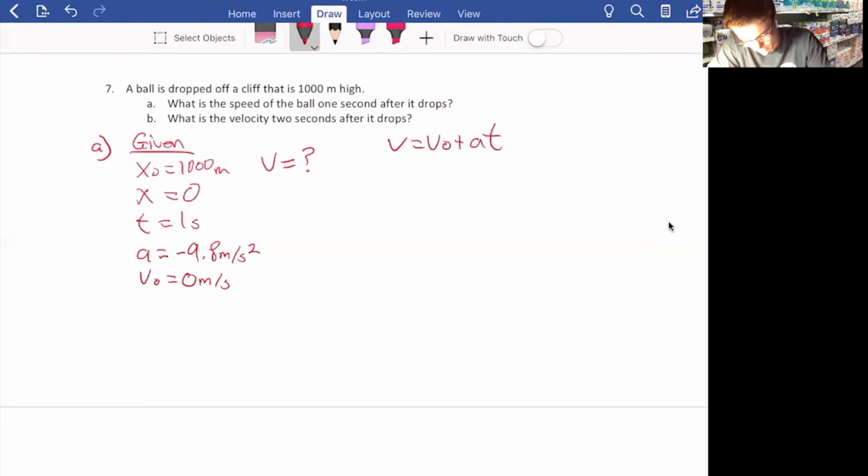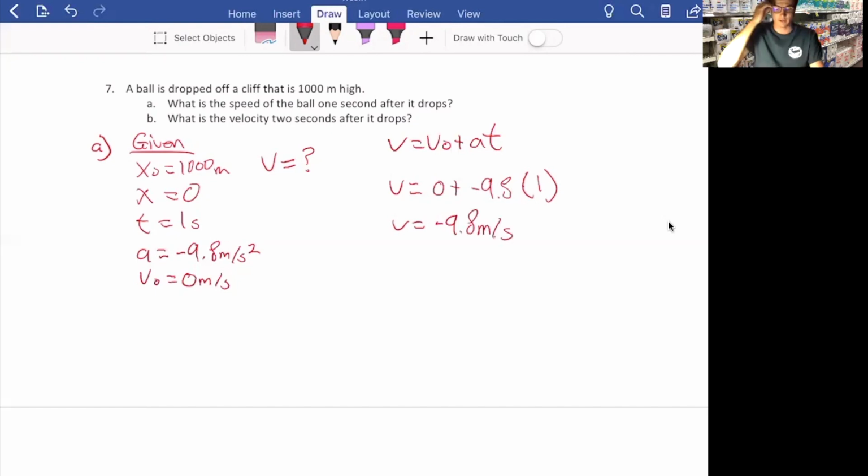When we plug in our numbers, v equals v naught, which is 0, plus acceleration, negative 9.8, times the time, which we do know, 1 second. So the velocity is negative 9.8 meters per second. It's negative because it is falling towards the Earth.